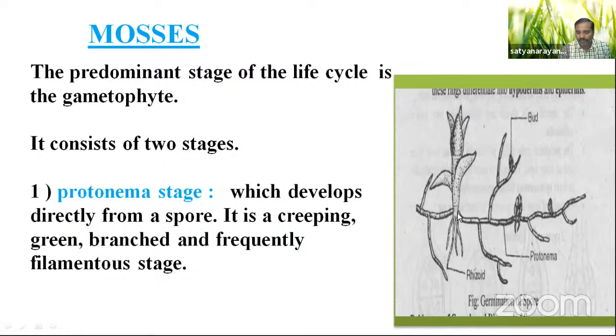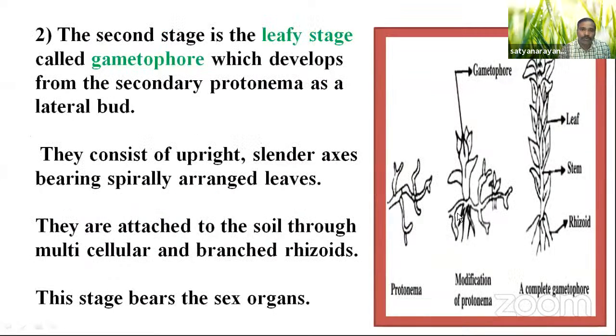Now after development of the protonema, it produces the second stage. The second stage is called the leafy stage. The leafy stage, in other words, we can call the gametophore. So this is the protonema stage. The protonema will develop and form the second stage, the gametophore. The gametophores are generally present at the lateral buds.